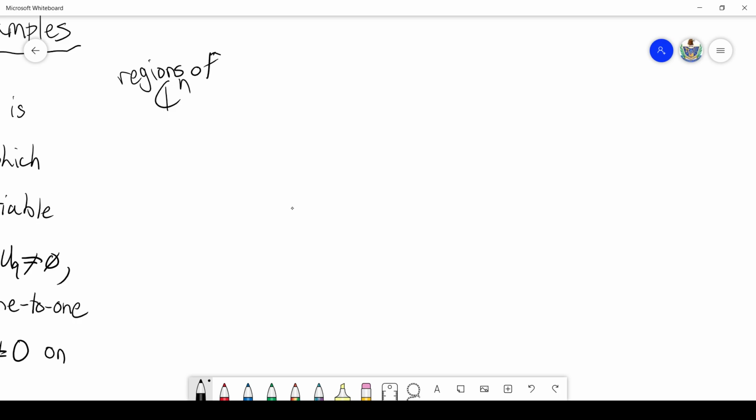We could take Euclidean space Rn, an n-dimensional real space. Cn is an n-dimensional complex space, but each complex space can be regarded as a real plane. So regions of Cn are 2n manifolds.